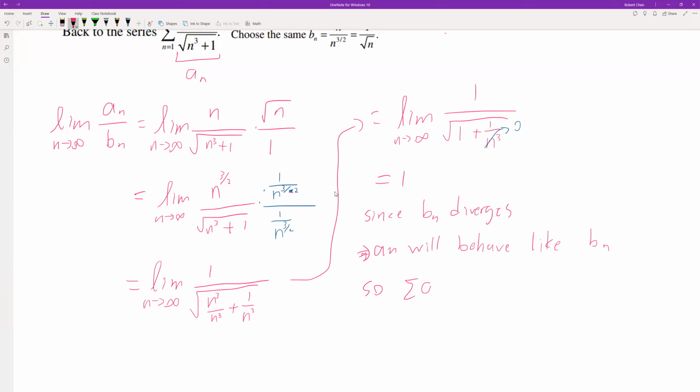So the infinite sum of an diverges by the limit comparison test. So when the direct comparison test doesn't work, we can try the limit comparison test. Put them in the form of an over bn, take the limit, and we're good to go.